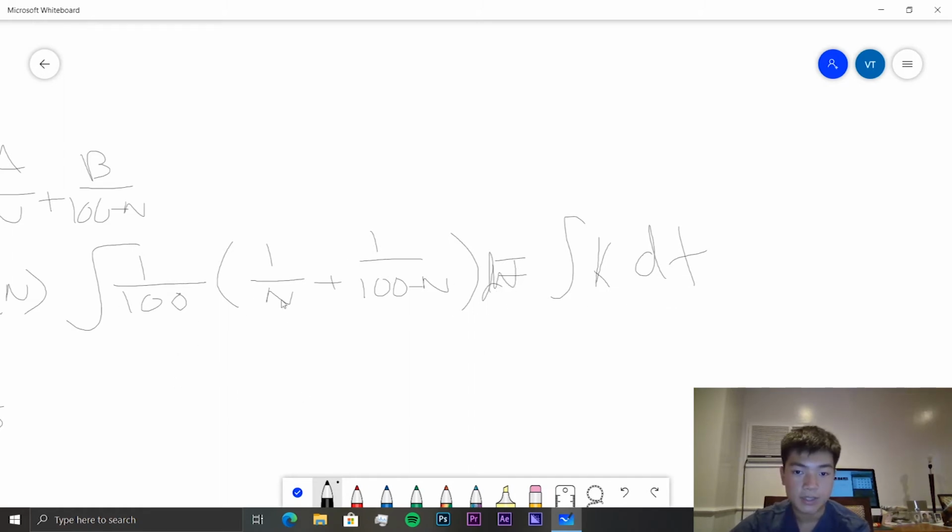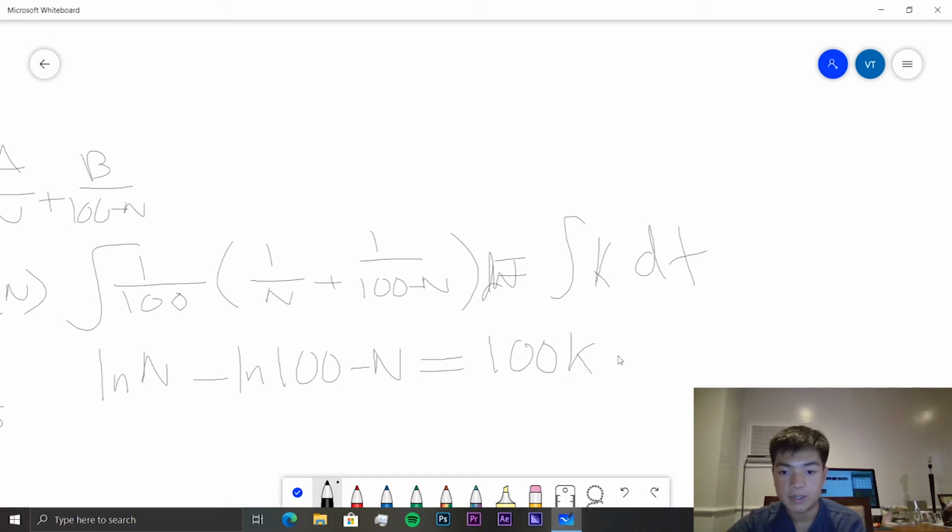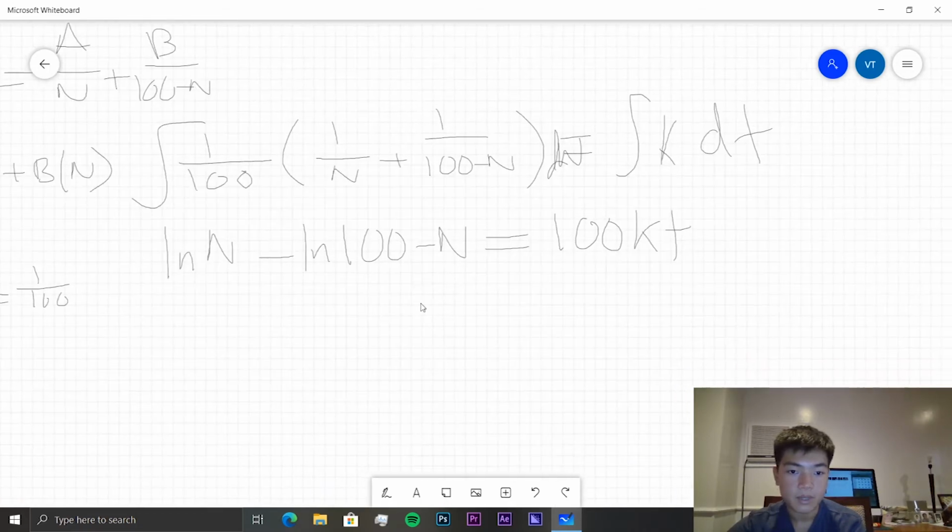So when we integrate this, we can simply do ln n minus ln 100 minus n is equal to 100 kt plus c.